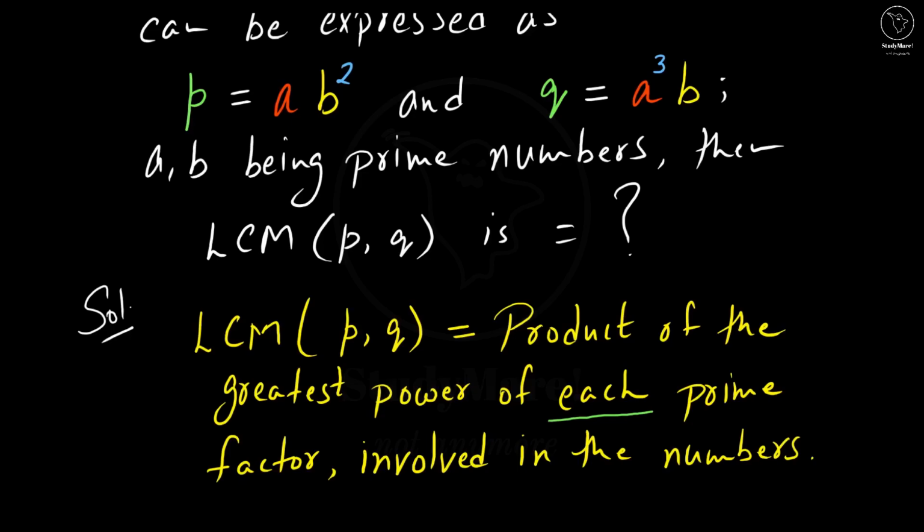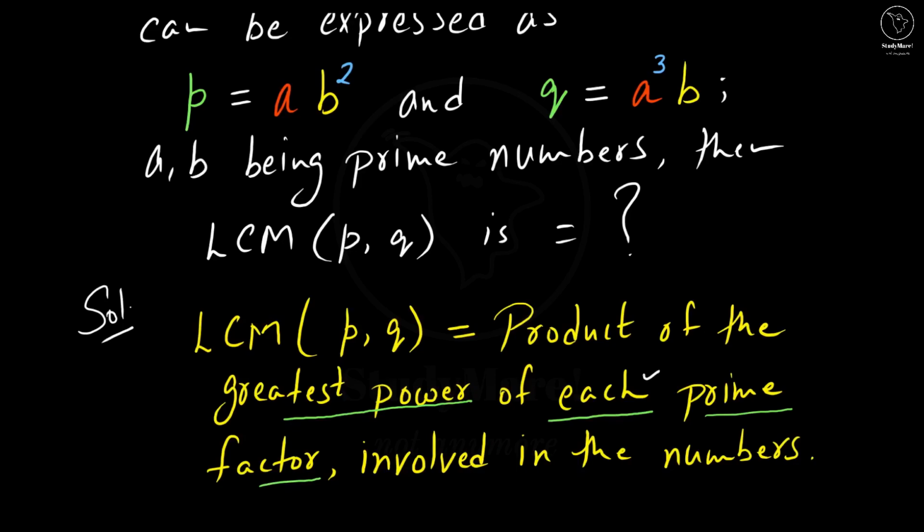If it is present in one number, we have to consider it. The second key point is they should be prime factors. If they are not in prime factor format, convert them. And the third key point is we have to take the product of these numbers where we have the greatest power.